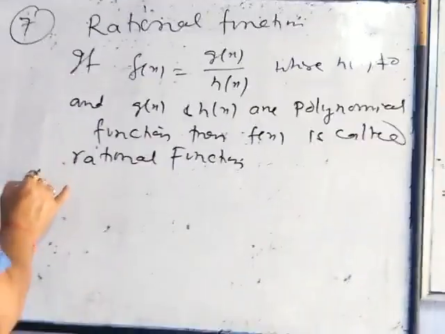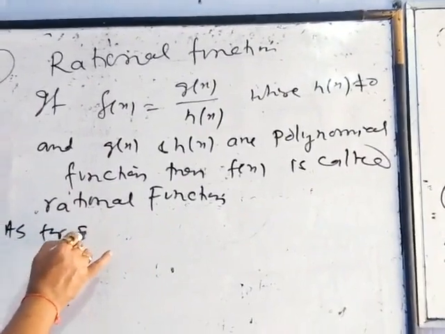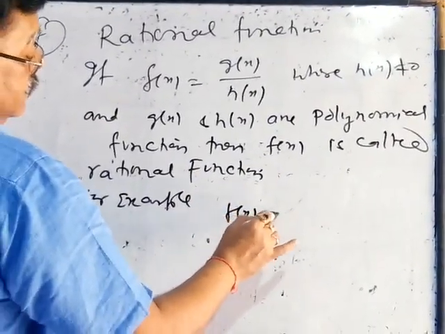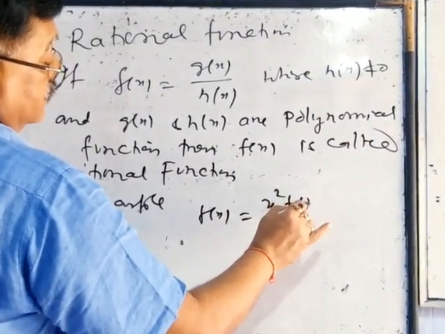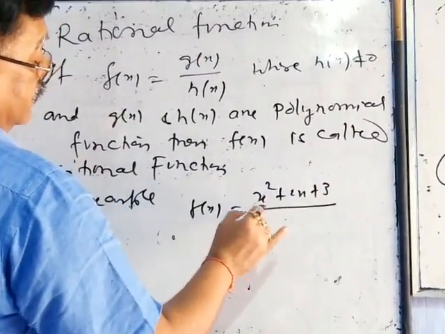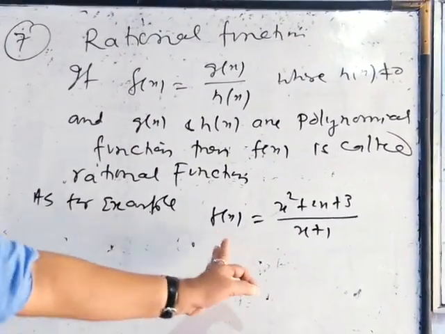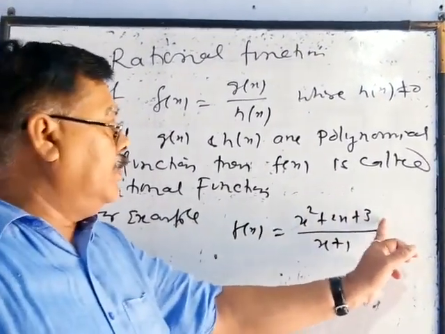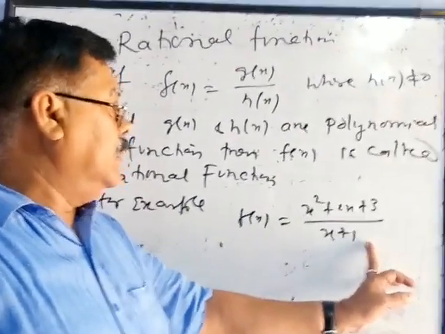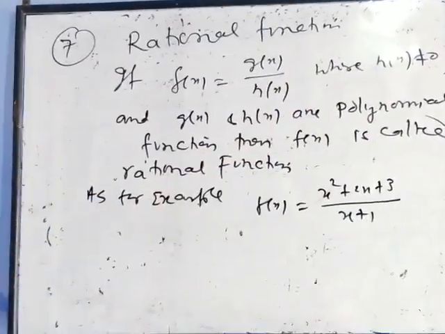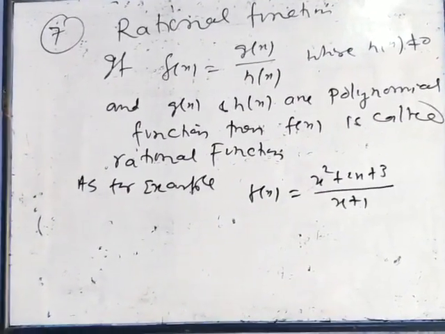As for example, f(x) is equal to x square plus 2x plus 3 by x plus 1. It is a rational function because the numerator is a polynomial and the denominator is also a polynomial. So this function is called a rational function, student.